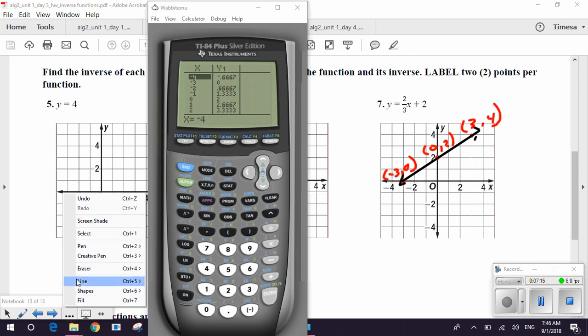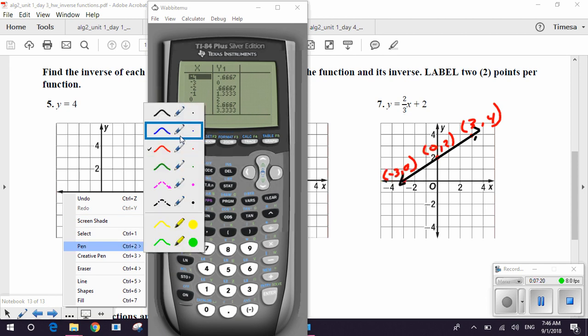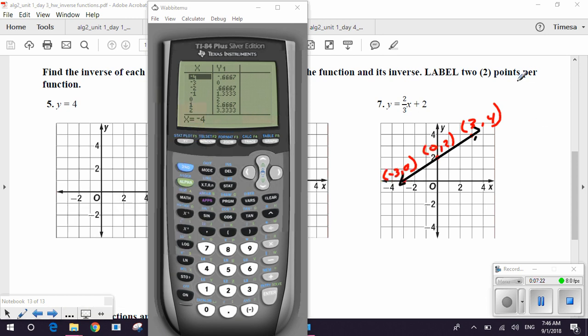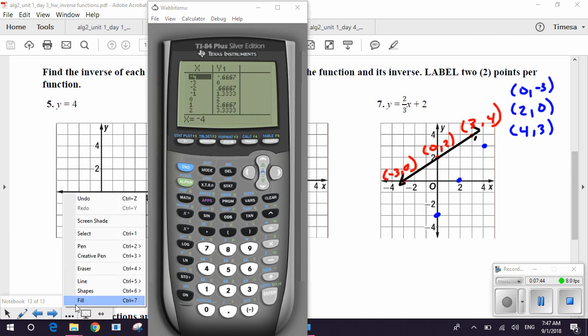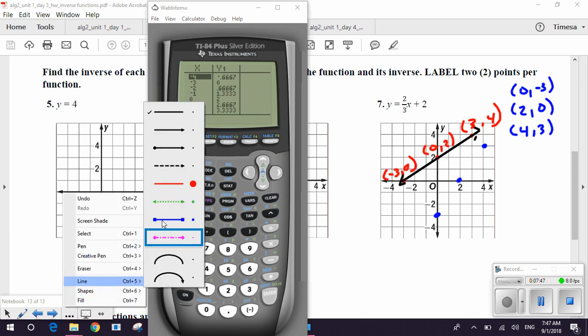We know from our definition of an inverse that if those points are on the original function, then if we switch x and y, we'll have the inverse points. So that means 0, negative 3, which is here. We know 2, 0, which is here. And we know 4, 3, which is right here, are the inverse points that we can use to graph our line for our inverse.